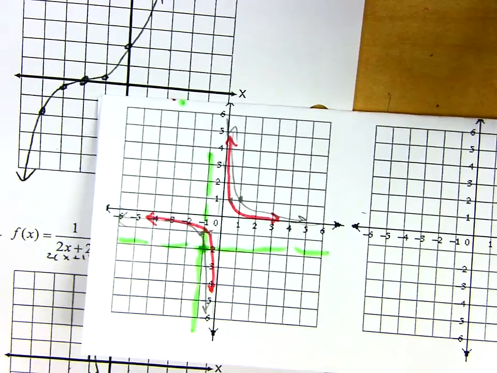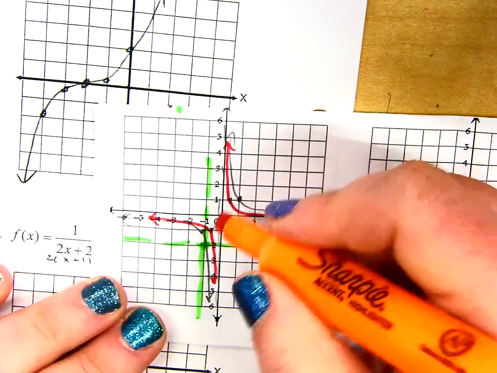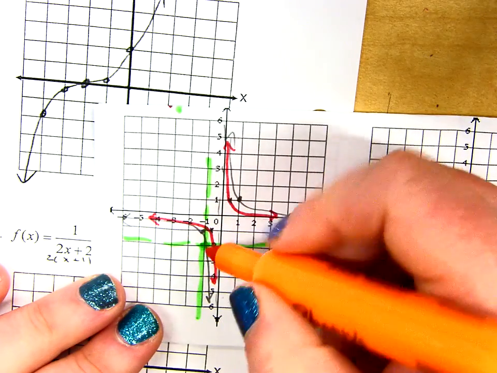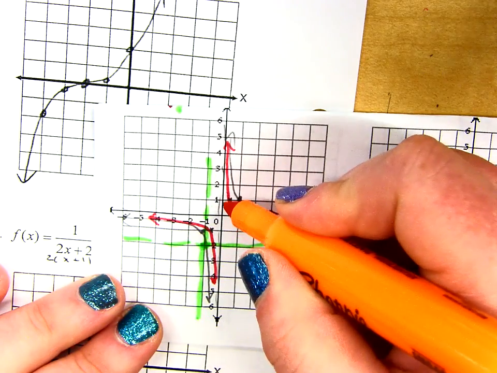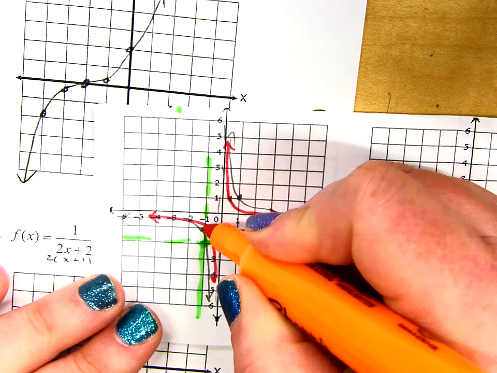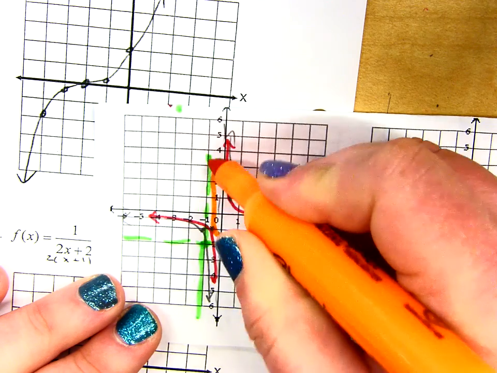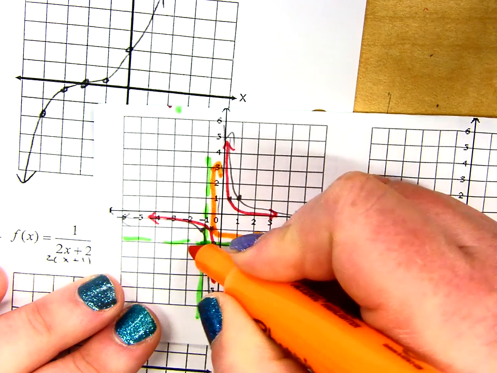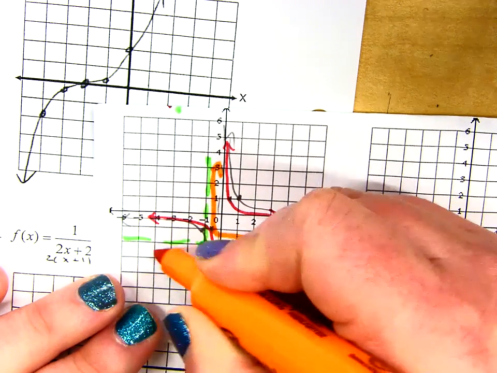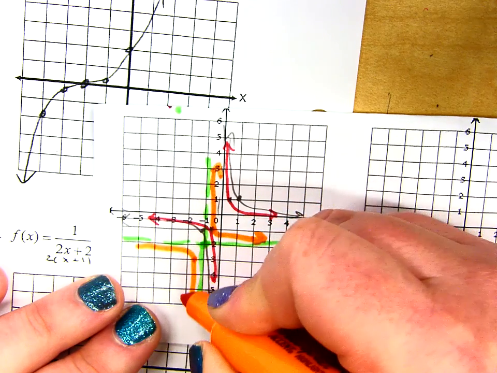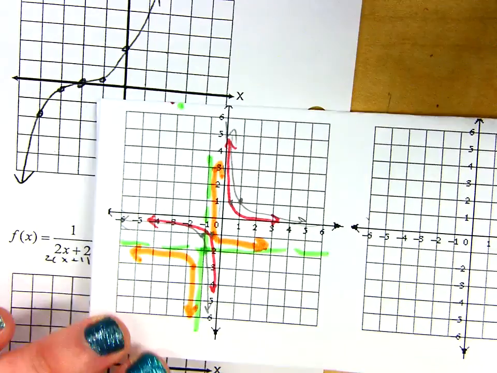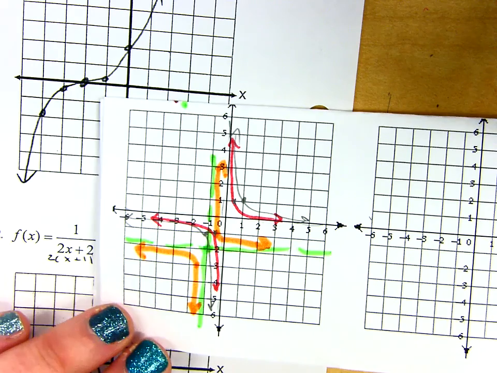So my final graph, we'll do an orange, would normally be, I went out a half up one. So I'd have a dot there, so it's going to be like that. And on this side, half like that. So that orange is my final graph.